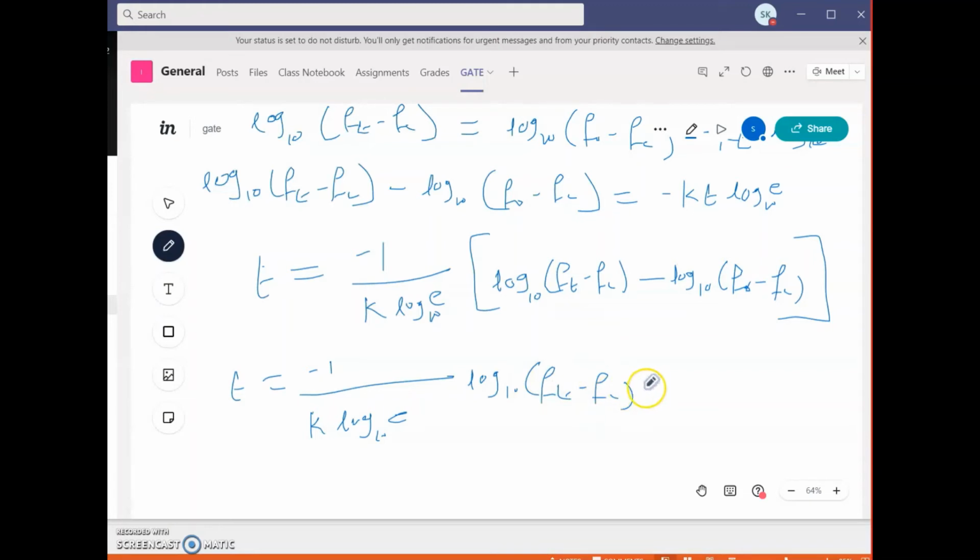Okay, plus, and again this minus, minus, so plus is there. So I will write 1 by k log to the base 10 e and log 10 of the same term, F naught minus Fc. Okay, so this is actually the final equation which we have got for t.